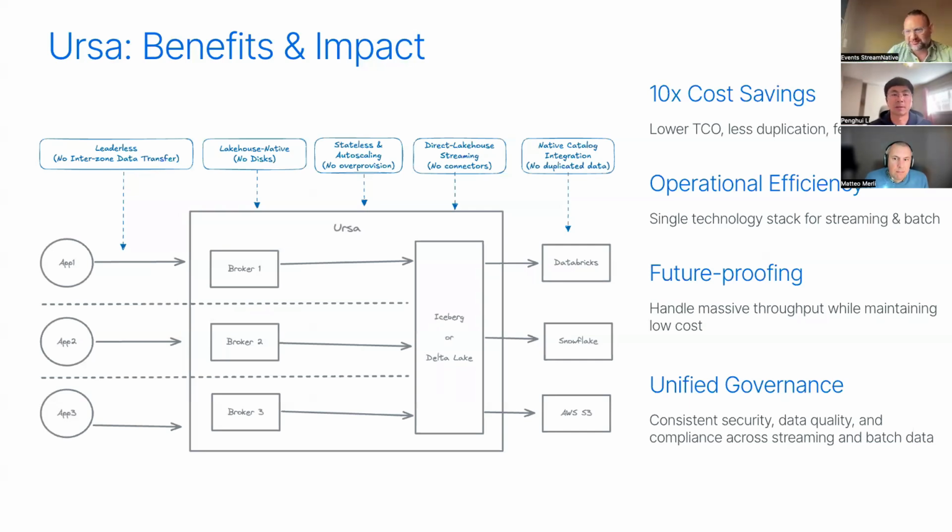Yeah, for the reason why, it's two parts. One is that even if you do not use the open lakehouse format, you still need to do data compaction. It's because in the Ursa architecture, data from multiple topics will be written to one S3 object.